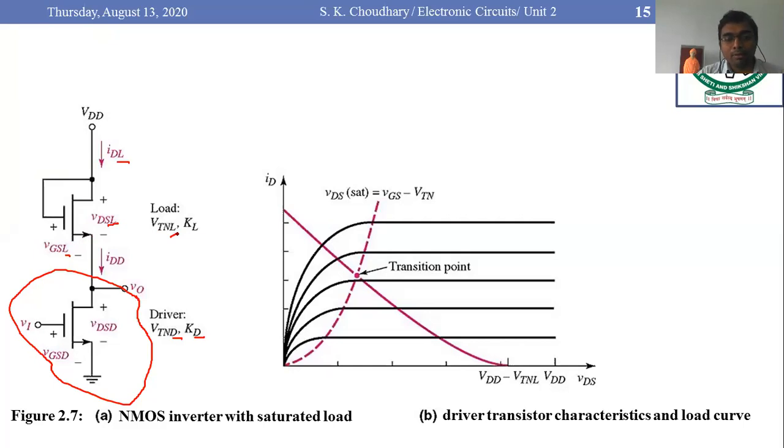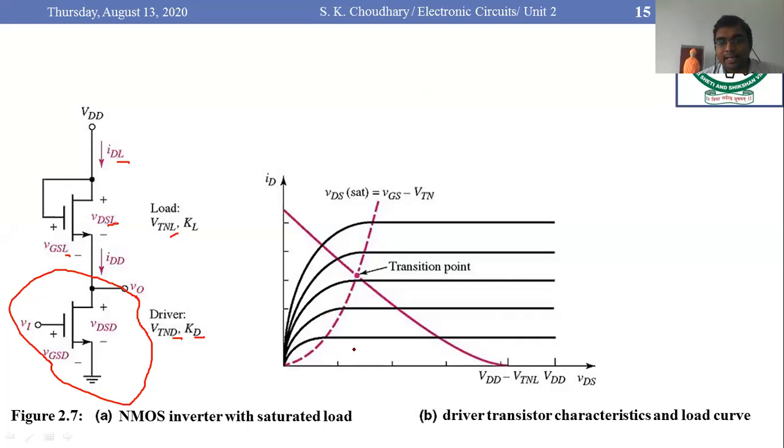Now, this is the corresponding IV characteristics. If you have to see the structure, the first one is the regular characteristics.